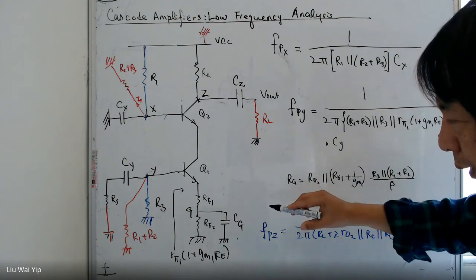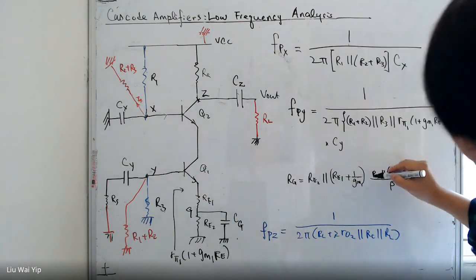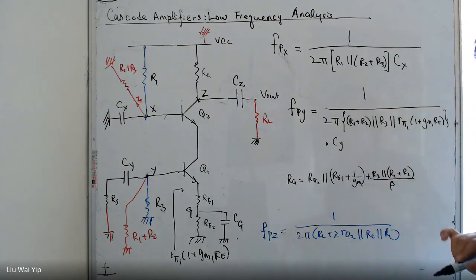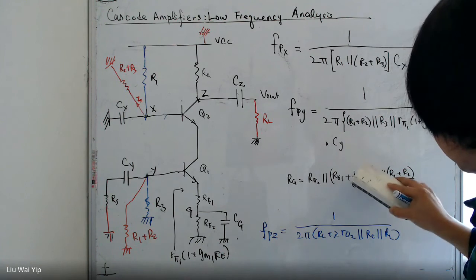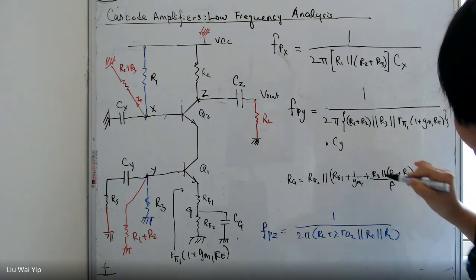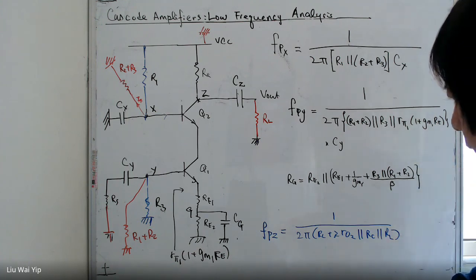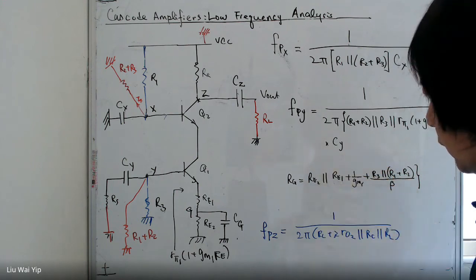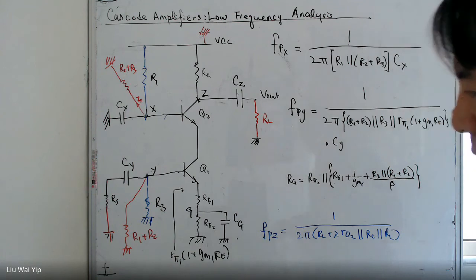So this one plus this one, plus this one. So this is easier. Plus this one, and then you can do this now. So this is the resistance connected to RG.